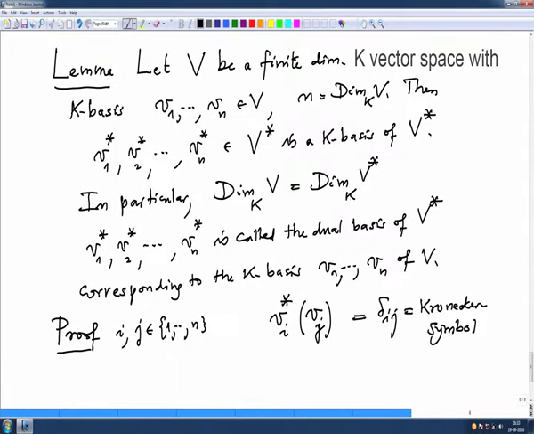So, now first I will prove that they are linearly independent. That means if a linear combination A1 V1 star, etc., An Vn star is 0, where A1 to An are scalars, then from here I want to conclude that all Ai's are 0.